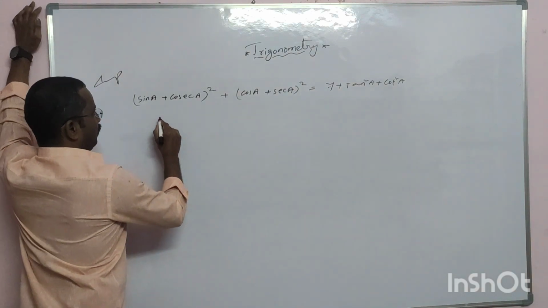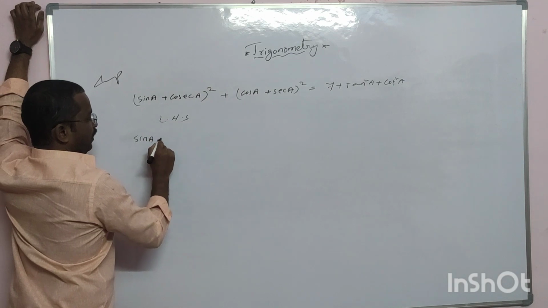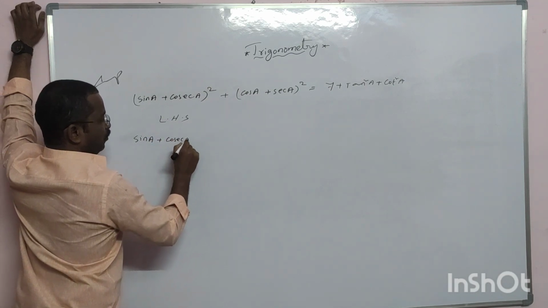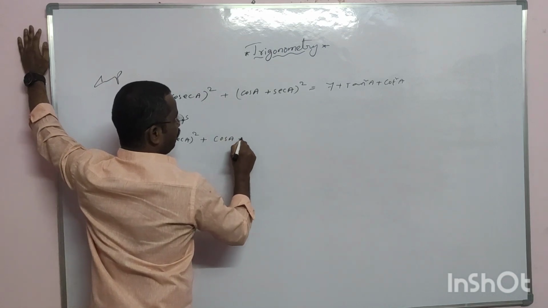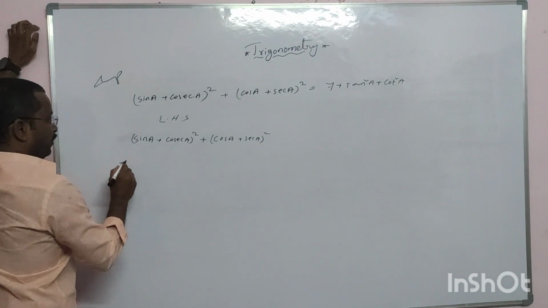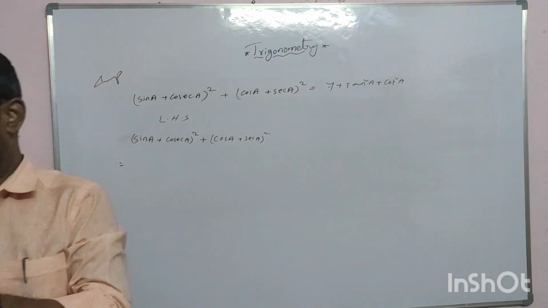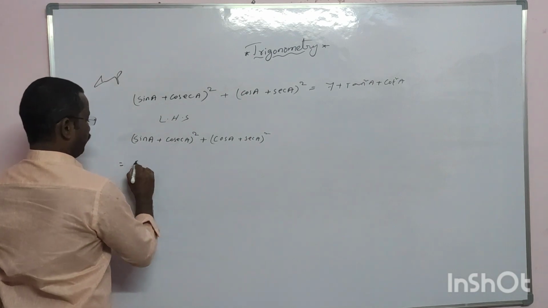Take your LHS part. Sin A plus cosec A whole square, plus cos A plus sec A whole square. A plus B whole square, what shall you write?